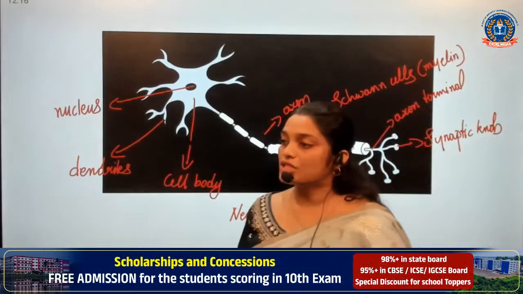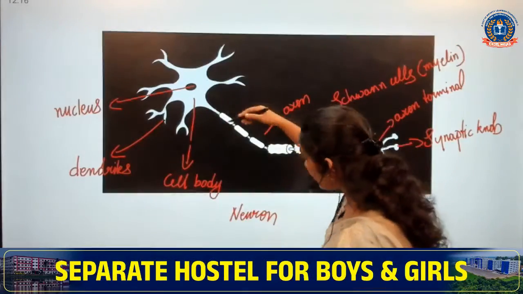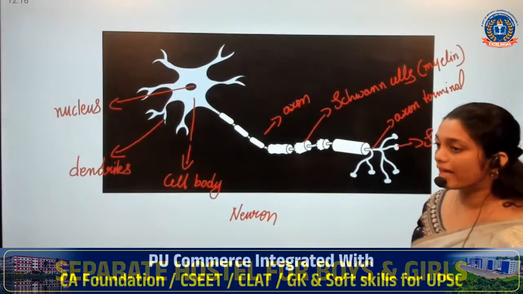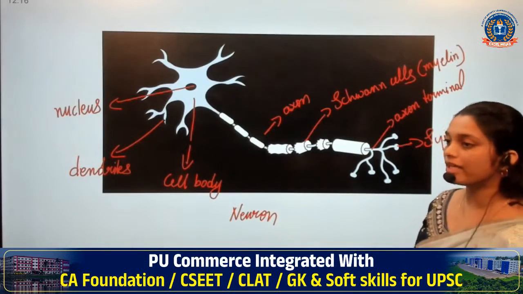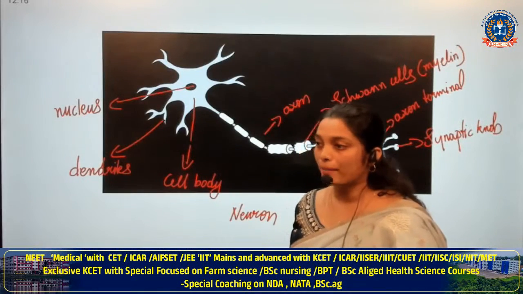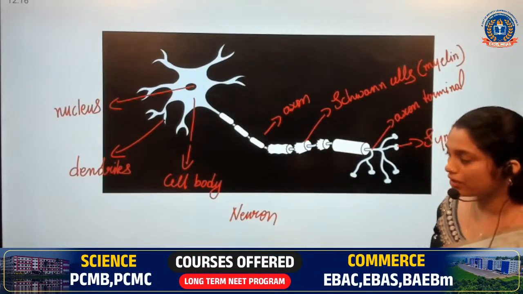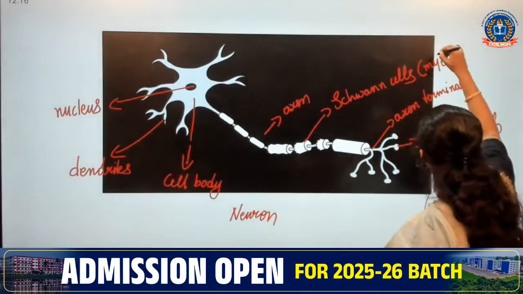So the Schwann cell which secreted myelin, covering the axon, formed the myelin sheath, and this is called the myelinated nerve fiber. If it has not secreted myelin, then we call it non-myelinated.